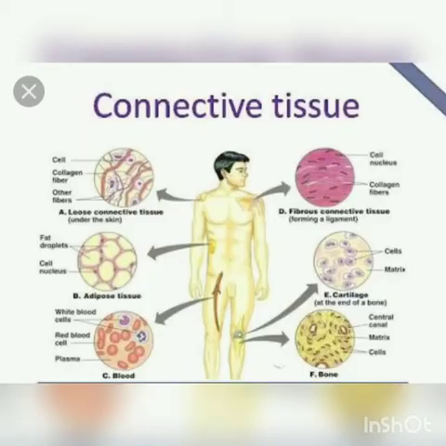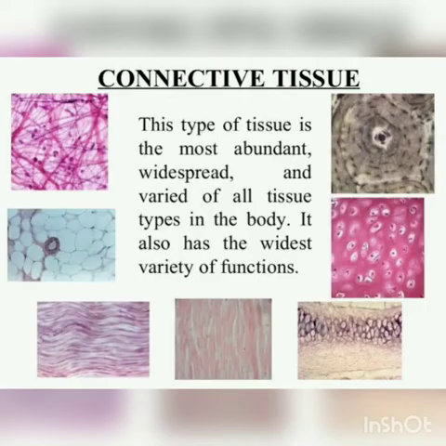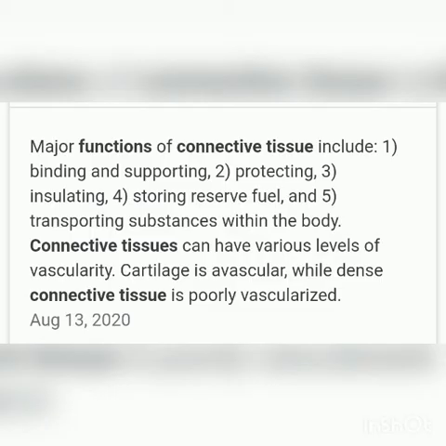Next we move on to the connective tissue. Connective tissue develops from mesoderm and is widely distributed in the body. The major functions of connective tissues are binding and support, protection, insulation, and transportation of substances.